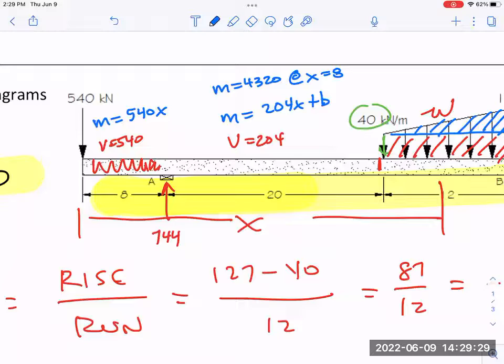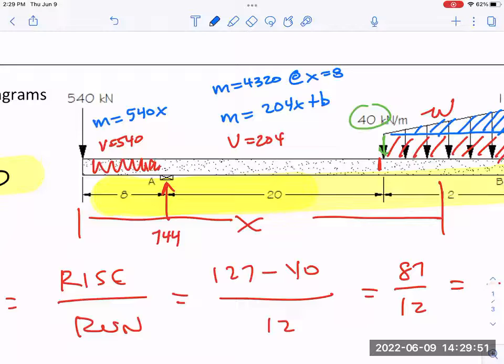Plus B. Yeah, so you'd be taking 4320 minus 204 times 8. Uh-oh. Yeah, I got a different answer than I got before, so now I'm not so sure. Oh, actually, I know what's wrong.